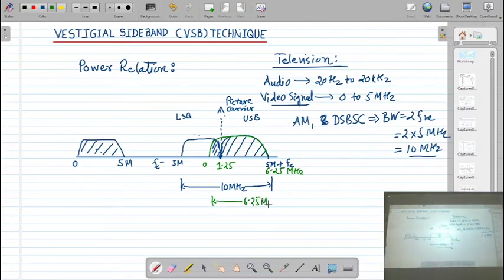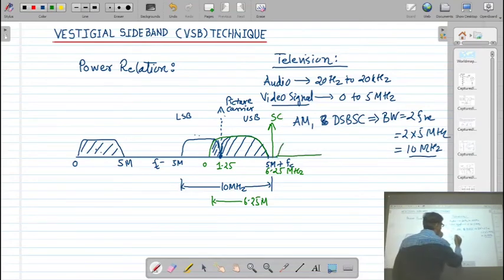Then in television, with the picture carrier frequency, the sound carrier frequency is also transmitted. So somewhere here the sound carrier frequency is there, and then after that we have a guard band. Remember, after the guard band, another channel is going to be there. So this is known as a guard band. Why do we require the guard band?